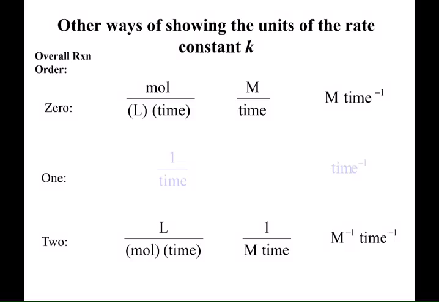If somebody gives you a K value and the units of K are just inverse time, you're like, I got this. If the units of K are inverse time, then you know that actually it's overall first order. So you do a little bit of detective work. If the units of K that they give you are inverse molar per time, then you know you're looking at second order.